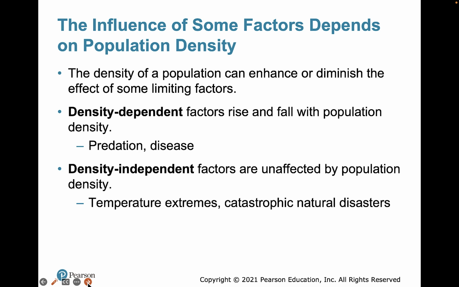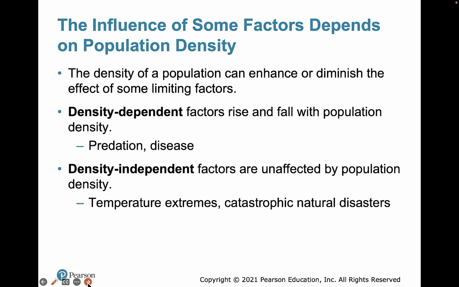So if you talk about the spread of disease, if you have a densely populated population, a lot of organisms in a small area, disease is going to spread more rampantly. If you have a lot of organisms in an area, predators are going to have a much better time getting those organisms, okay? Water, food resources are also density-dependent limiting factors.